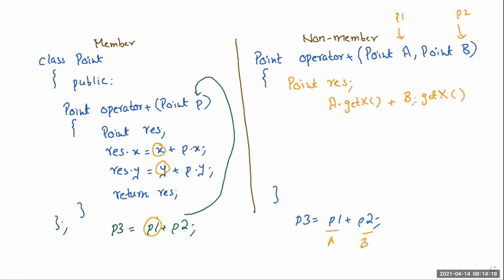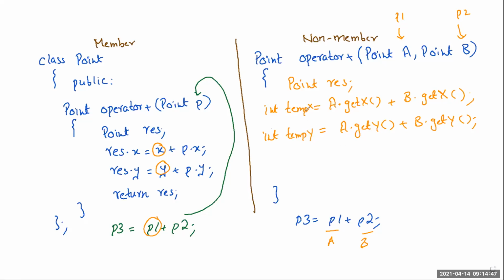Now you have the x coordinates of both, and for the time being I can store it in tempX. Similarly, you will add the y coordinates, so you will write a dot getY plus b dot getY, and you can store it in another integer which we are calling tempY.